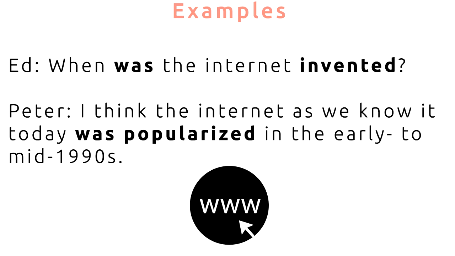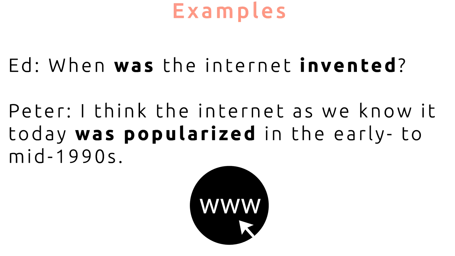In this example, Ed used a passive. When was the internet invented? So he's not mentioning who invented it because this is not important to him. He's just asking when it was invented.